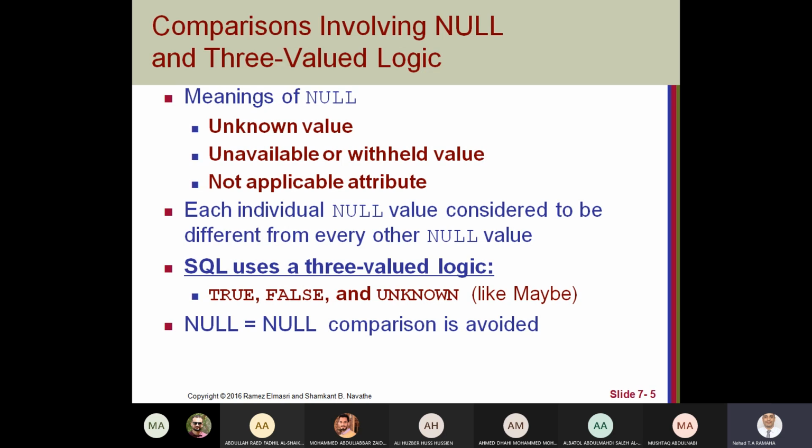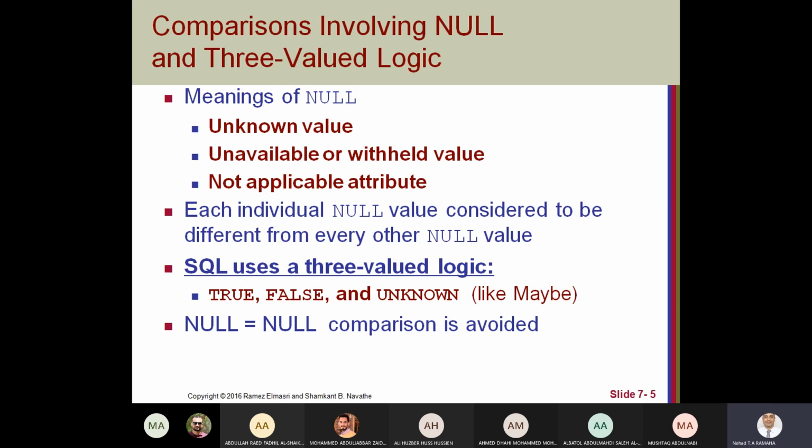In SQL we have three types of values: true, false, and unknown. Unknown means a null value.